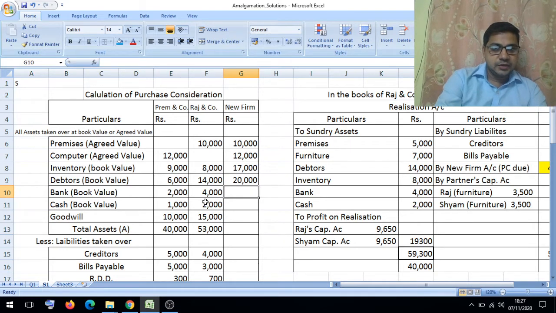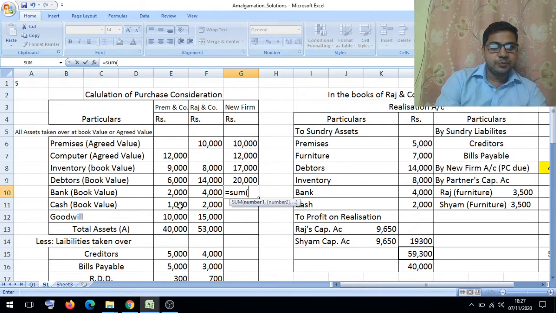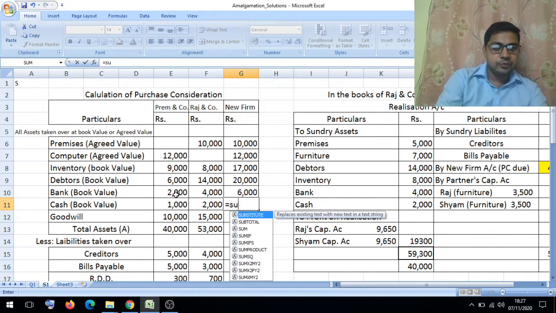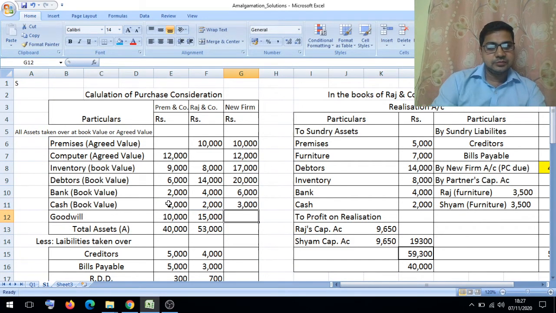Then bank balance, we consider both the firms: 2,000 plus 4,000, 6,000. Then cash balance, both firms: 1,000 plus 2,000, the total is 3,000.